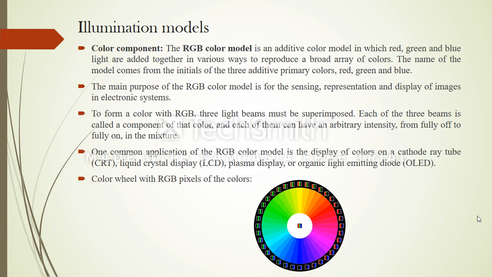The main purpose of the RGB color model is for the sensing, representation, and display of images. One common application of the RGB color model is to display colors on a cathode ray tube, a liquid crystal display, plasma display, or organic light emitting diode. A color wheel with RGB pixels of the color is given below.